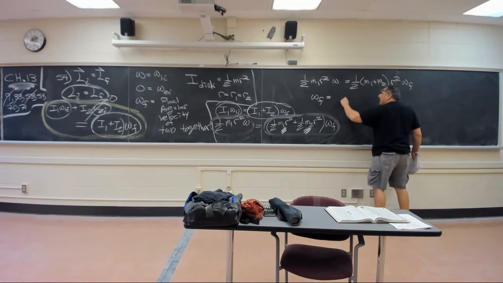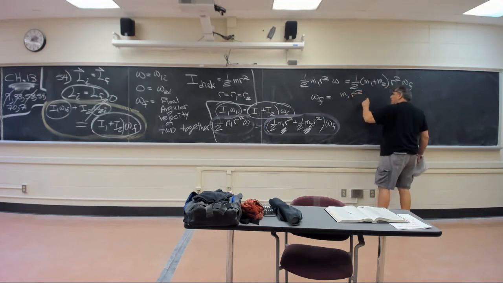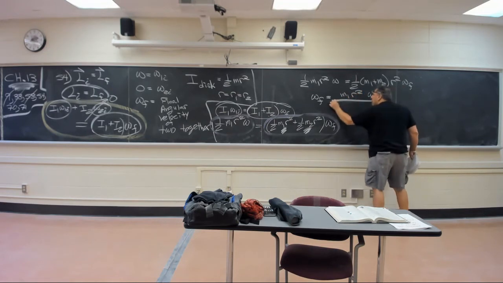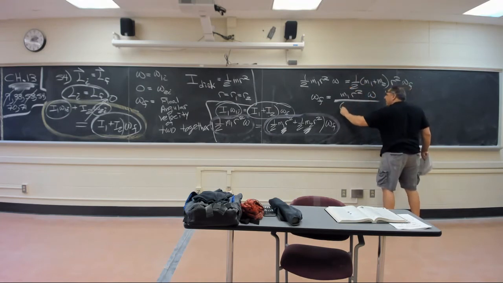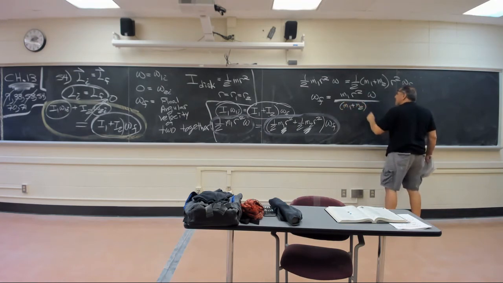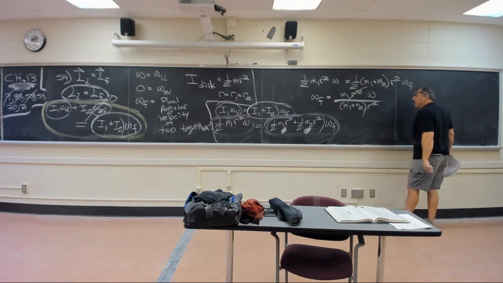So what we get here is m1 r squared omega. We're going to multiply by 2 on each side, divide by all the rest, leave omega sub f by itself. This and this.